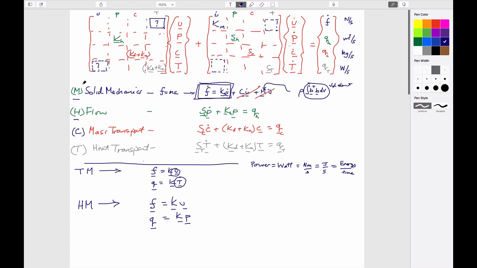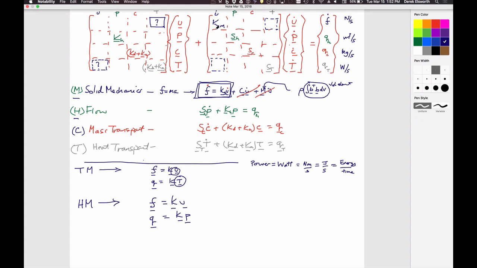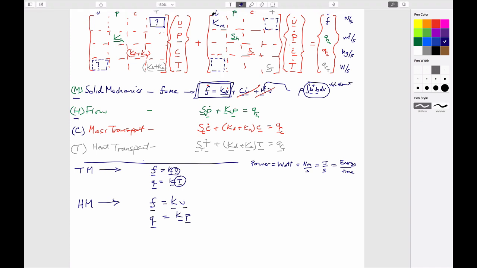And it would be the terms that exist in these locations here, and these locations here. For the same reason we said before, it operates on displacements and pressures, or rates of displacements and rates of changes of pressure. And so again, without these off-diagonal terms to link it, there's zero coupling. There's no influence of one system on the other, and they just happily behave on their own.